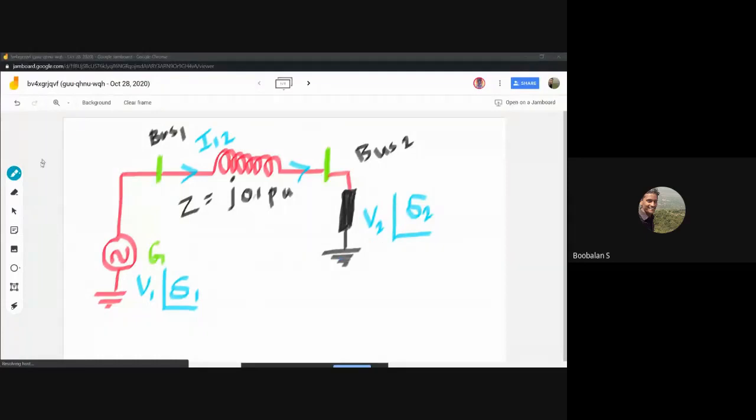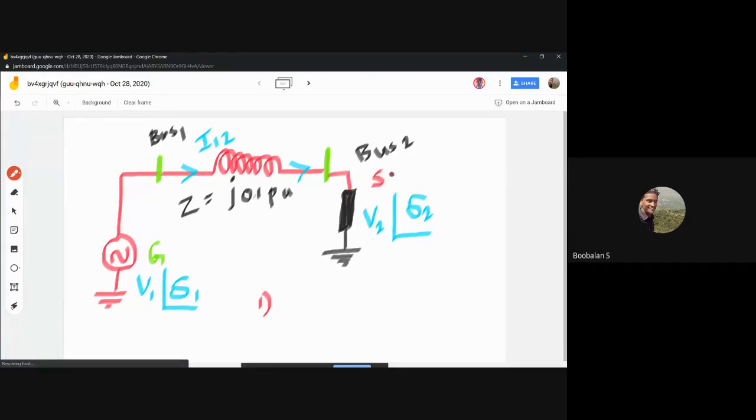For the first question, if anyone gives the value of V1 and del 1, definitely we could calculate V2 and del 2. If anyone gives me V2 and del 2, definitely we could calculate V1 and del 1. Let's see that in this small problem. And the load is also given, in the form of an apparent power value.